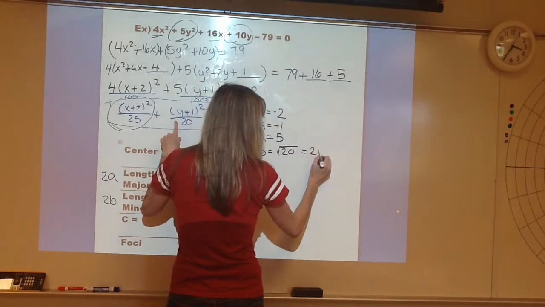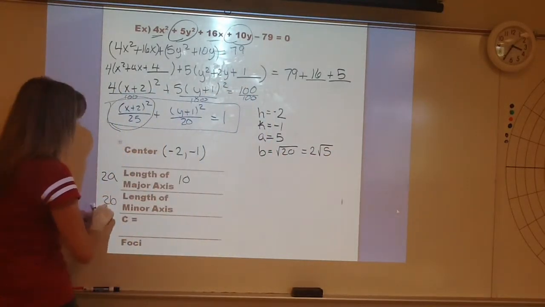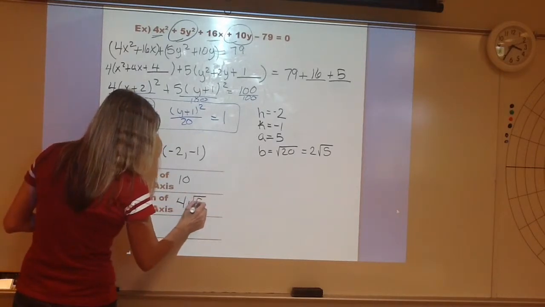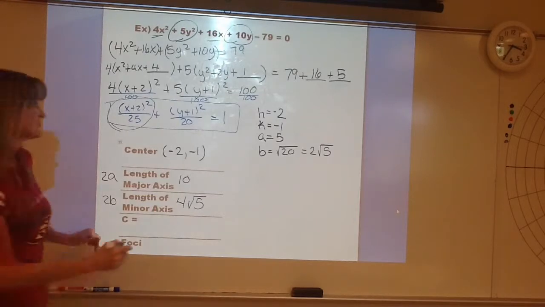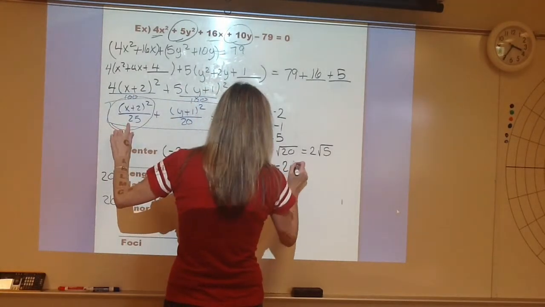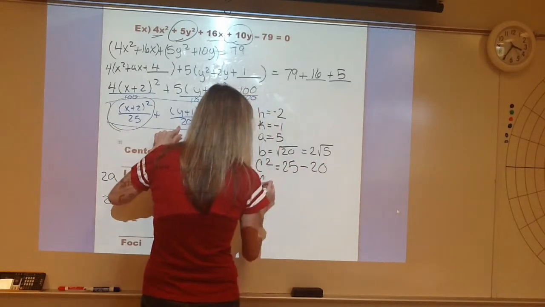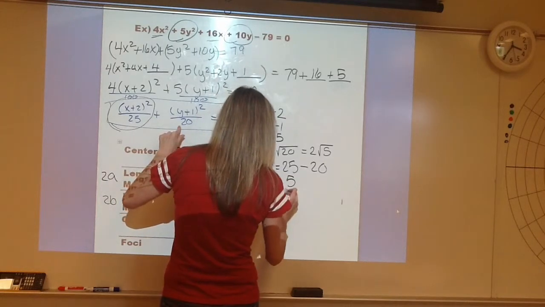So b is 2 square roots of 5, because the square root of 20 is 2 square roots of 5. 2 times 2 square roots of 5 is 4 square roots of 5. Okay, c can be found by using the formula c squared equals a squared, which is 25, minus b squared, which is 20. So c squared equals 5, so c equals the square root of 5.